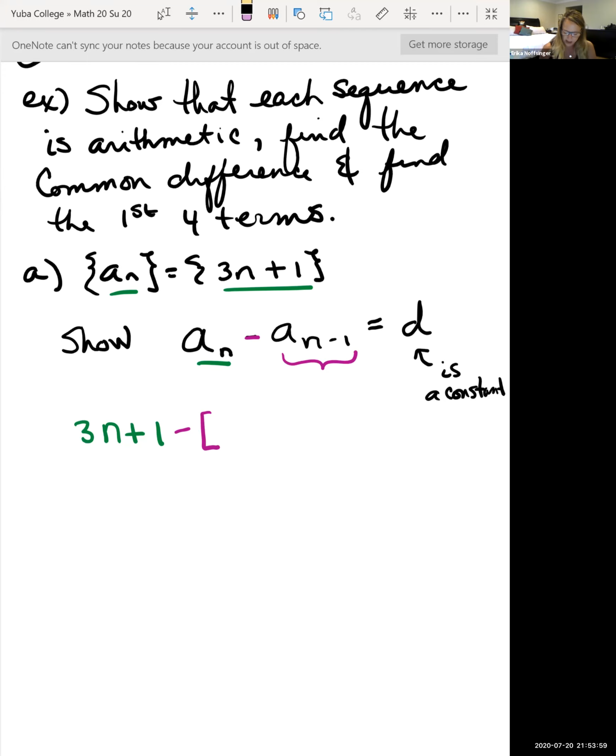So I need to go back into my equation up here, and wherever I see an n, I'm going to replace it with n minus 1. So I have a 3, I see an n there, I'm going to put parentheses, replace that with n minus 1, and then I have a plus 1. Close my bracket.